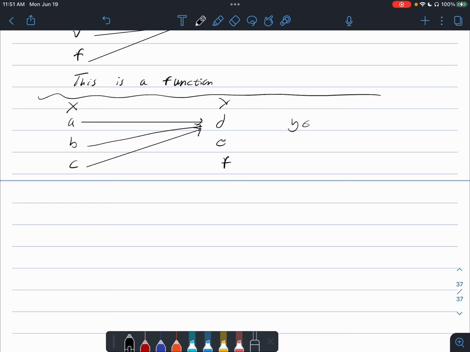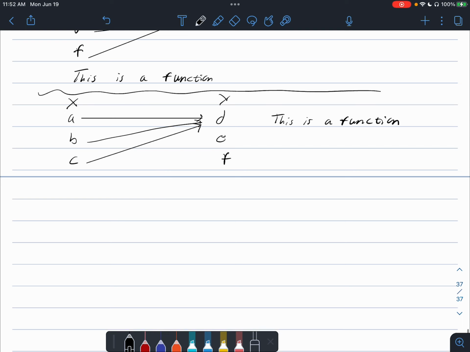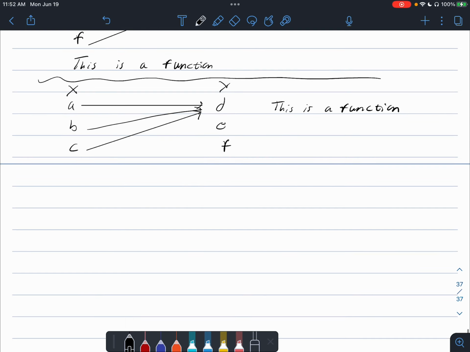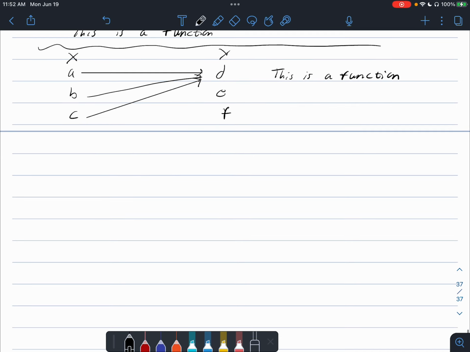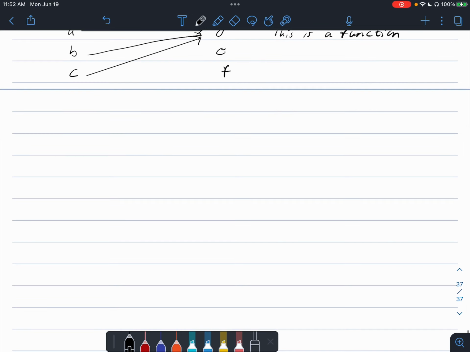Yes, this is a function, because each value is only being sent to one other value. You don't necessarily have to cover every value in the set you're mapping to, but each value in the domain can only be mapped to one value in the range.